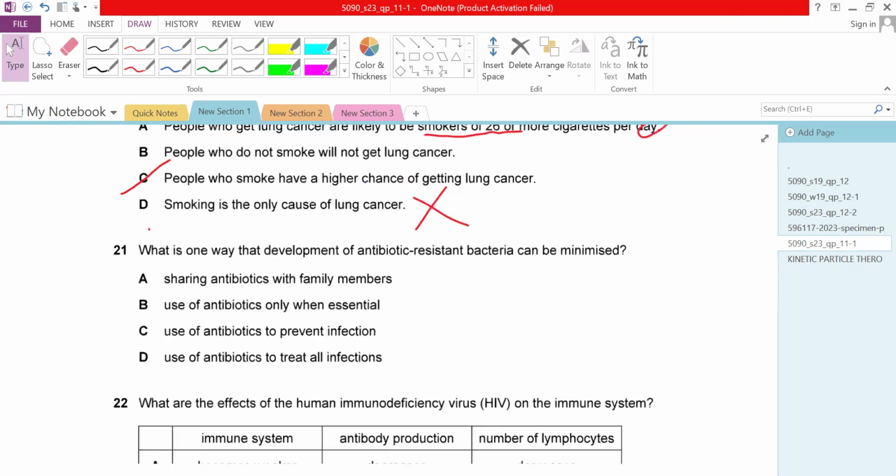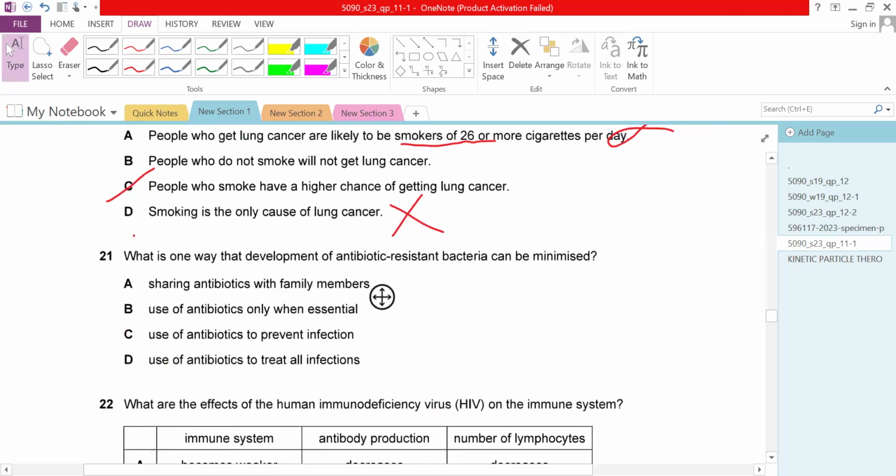Question number 21. What is one way that development of antibiotic resistant bacteria can be minimized? Sharing antibiotics with family members, no. Use of antibiotics only when essential, yes. Overuse of antibiotics causes bacteria to become antibiotic resistant.